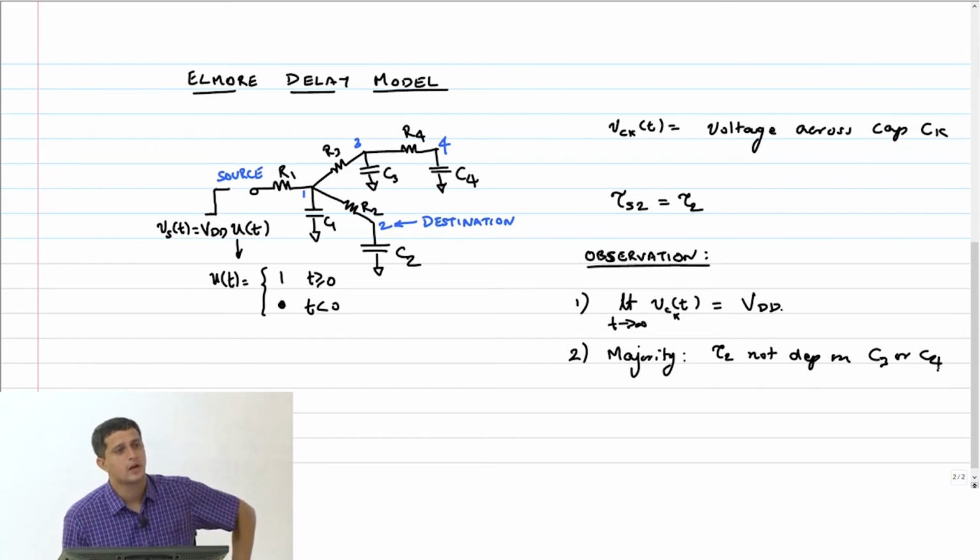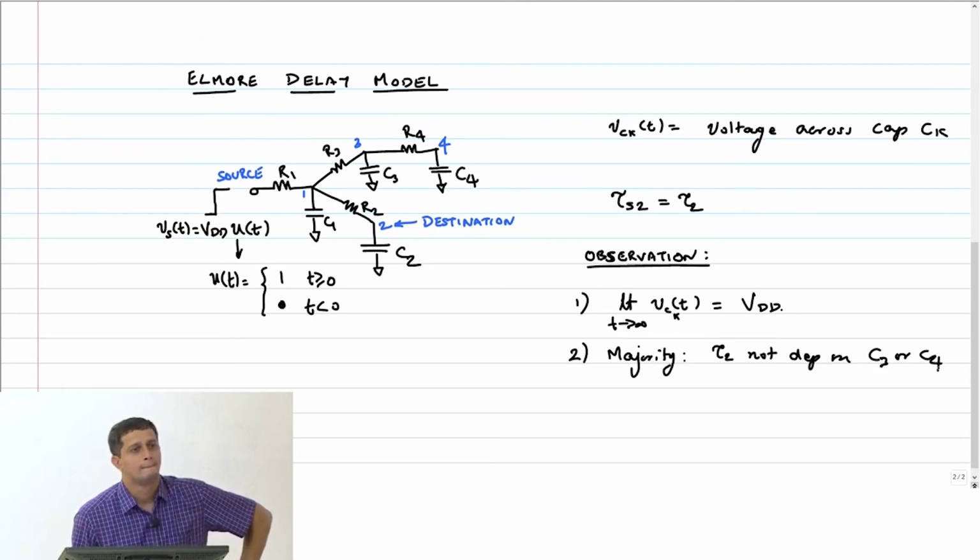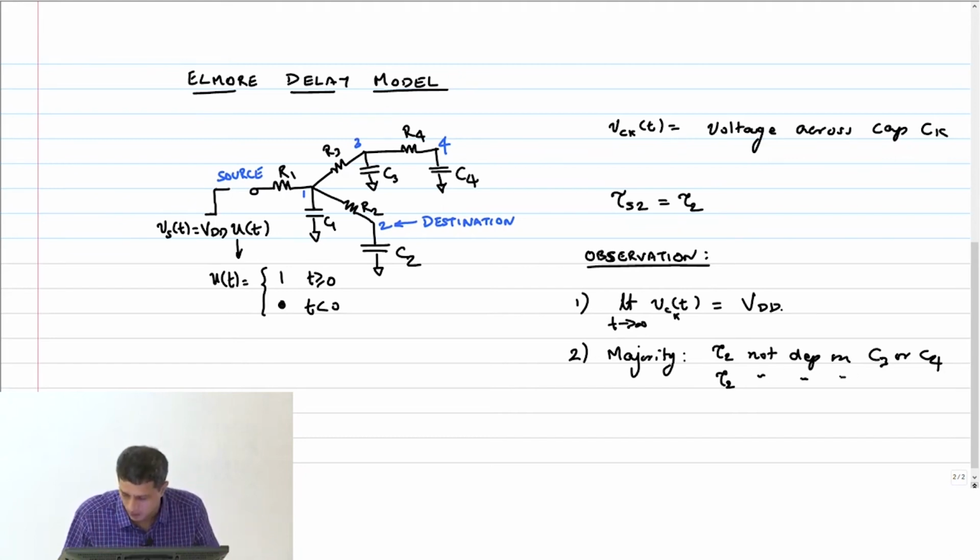What about R3 and R4? Do you think it will depend on R3 or R4? Most others think it will not depend on R3 or R4. So this we will try to resolve by the end of this derivation.